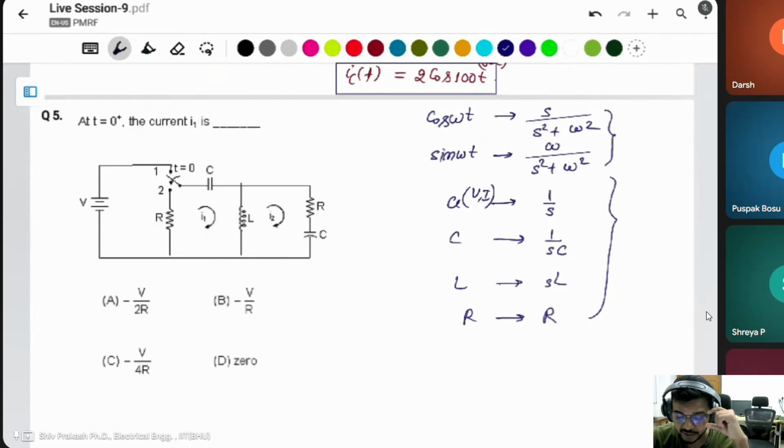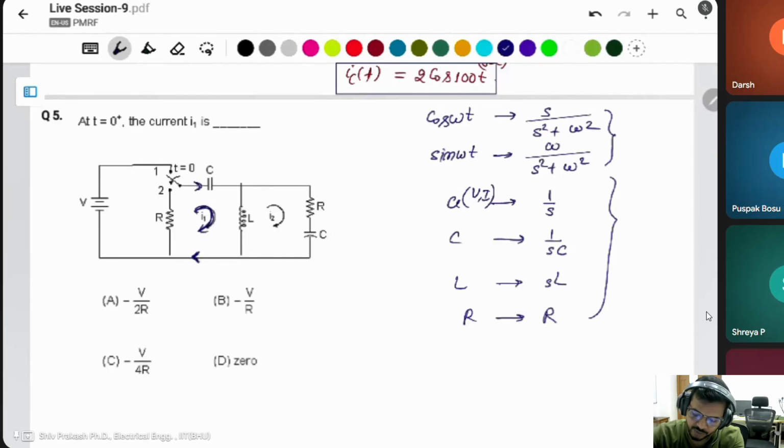Next is given: at t equal to 0 plus, the current I1 is? He's asking about this loop current. This loop current means this current and this current.